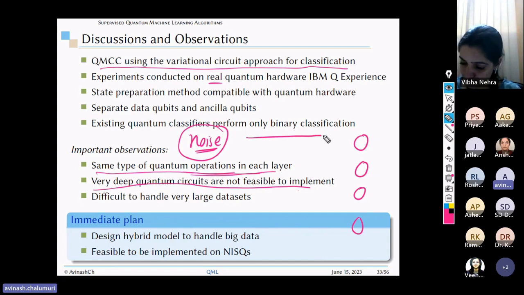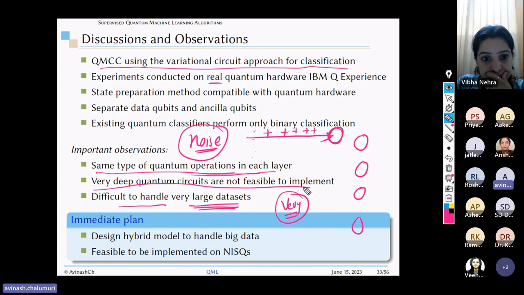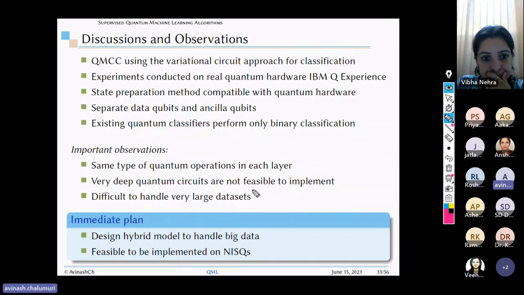If the circuit is very deep, you'll be adding noise at each stage, so the noise sums up at the end. Also, as we have only a few qubits, it is very hard to handle very large datasets. Right now, the availability of qubits is very low. It is still in the research stage, and people are developing.